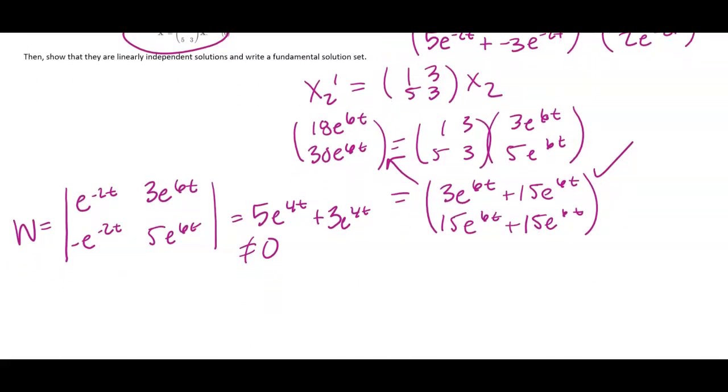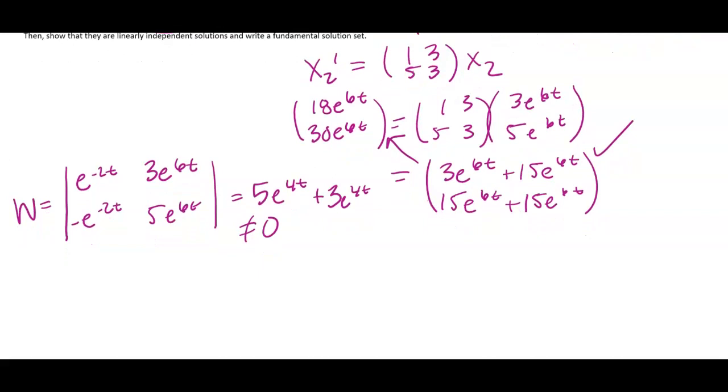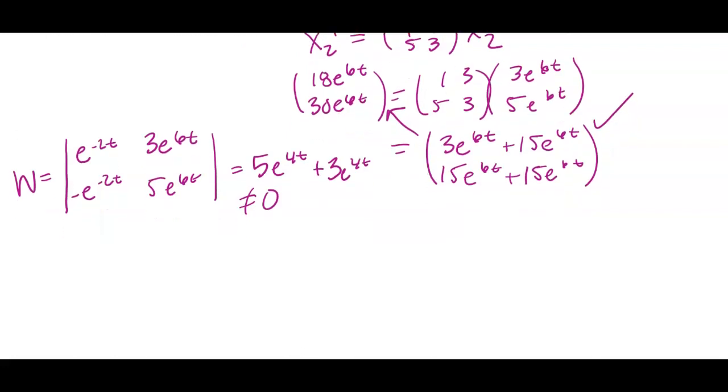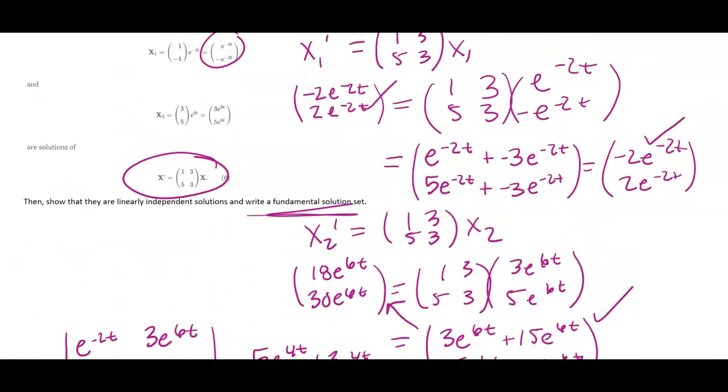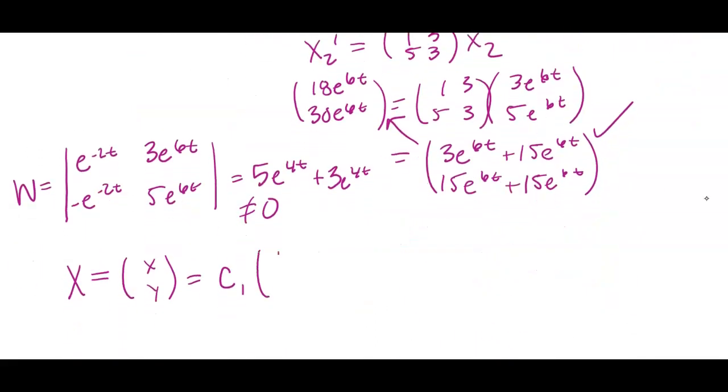And then just like we did before, when we had differential equations, we can then write a fundamental solution set. So what does that mean? That means that big X must be equal to some C1 times this piece right here. So let's write it in vector form, actually. e^(-2t) plus C2 times 3, 5, e^(6t).